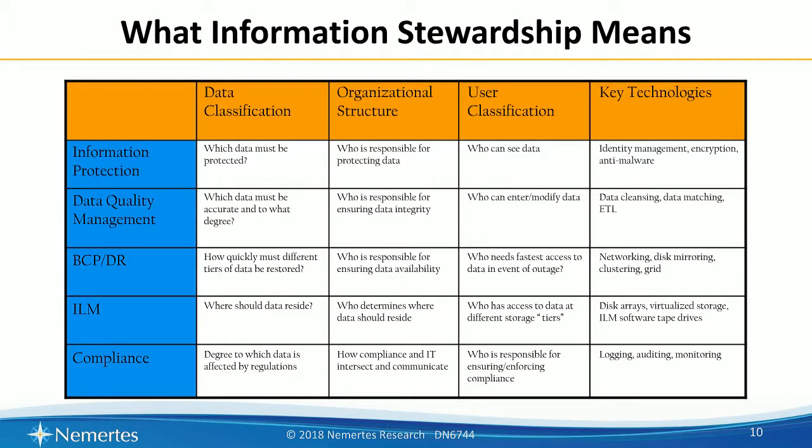And lastly, key technologies, things that you're going to need to lean on in order to implement full information stewardship, ranging from identity management and access control systems to encryption for securing things, data classification tools to help you identify information and then track it once you've identified it, and then all the panoply of storage and DR technologies that might be involved in ensuring both that you have the data and that you have ongoing access to the data when you need it and with the performance that you need.